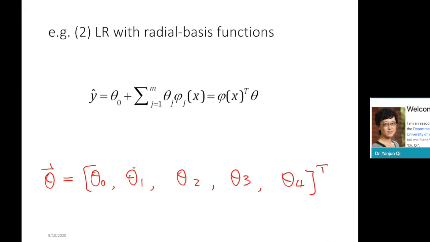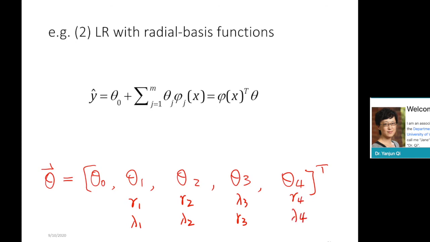But at the same time, we need to pre-design a lot of hyperparameters in this case. Let me draw: gamma 1, lambda 1, gamma 2, lambda 2, gamma 3, lambda 3, gamma 4, lambda 4.